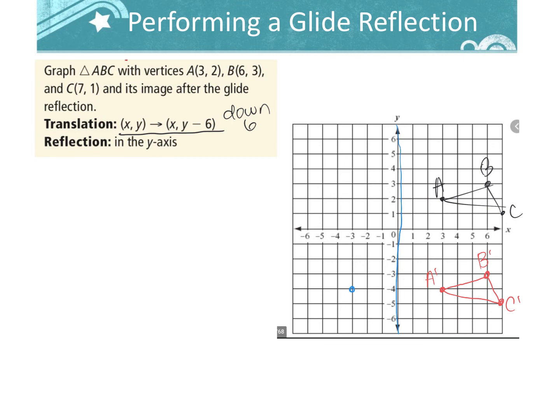It's going to become negative 3. My B prime x value was 6. It's going to become negative 6. I'm moving it to the other side. And my C prime value is 7. My C double prime value is going to be negative 7. C double prime, B double prime, and A double prime. Do you have to put the double prime? Yes, because it's your second transformation.